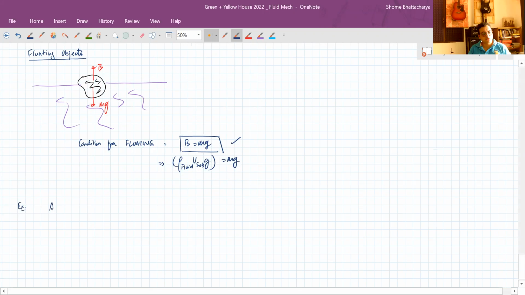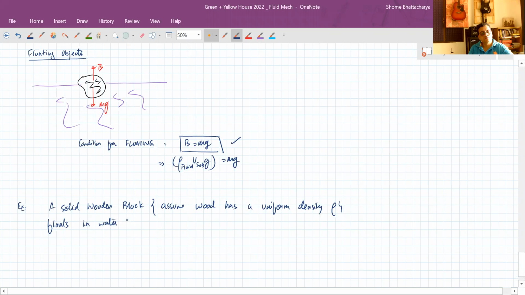So as a very simple example, a solid wooden block, assume wood has a uniform density rho, floats in water, density of water being 1 gram per cc, with 0.3 fraction.